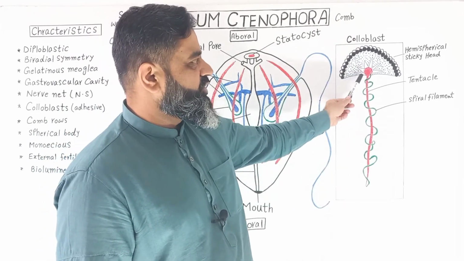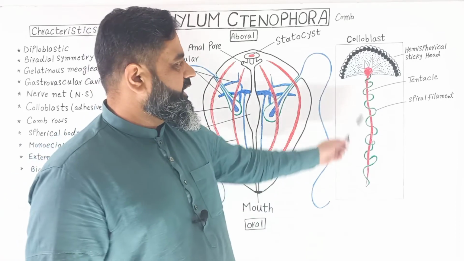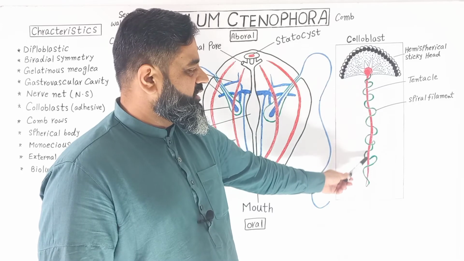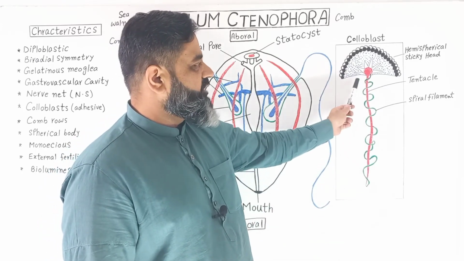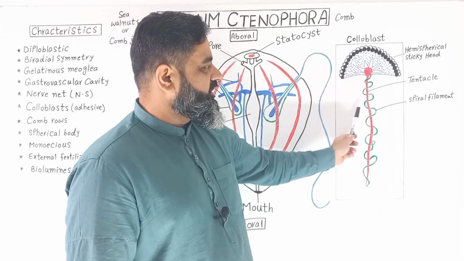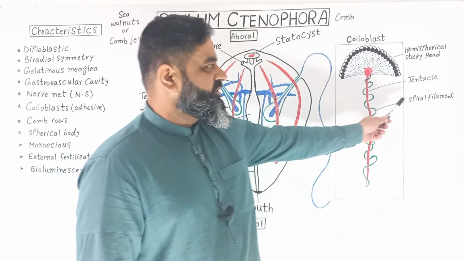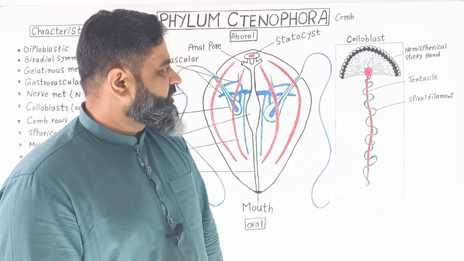Its upper part is known as the hemispherical sticky head which can stick to the prey, and on the lower surface there is a long red color tentacle, and there is another filament which spirals around this straight tentacle, known as the spiral filament, as you can see in green color.